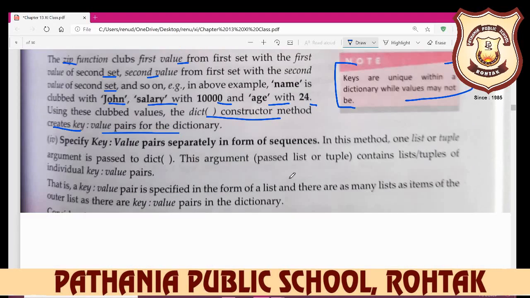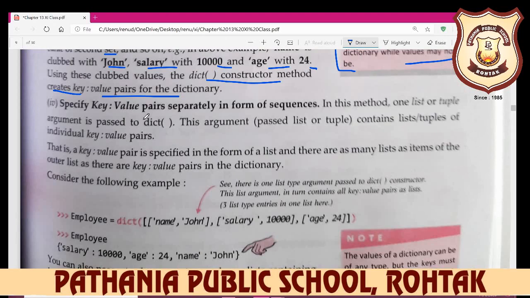So your keys are always different, and you can write them separately in this way. Specifying key value pairs separately in the form of a sequence. In this method, one list or tuple argument is passed to the dictionary. The argument passed, a list or tuple, contains lists or tuples of individual key and value pairs.